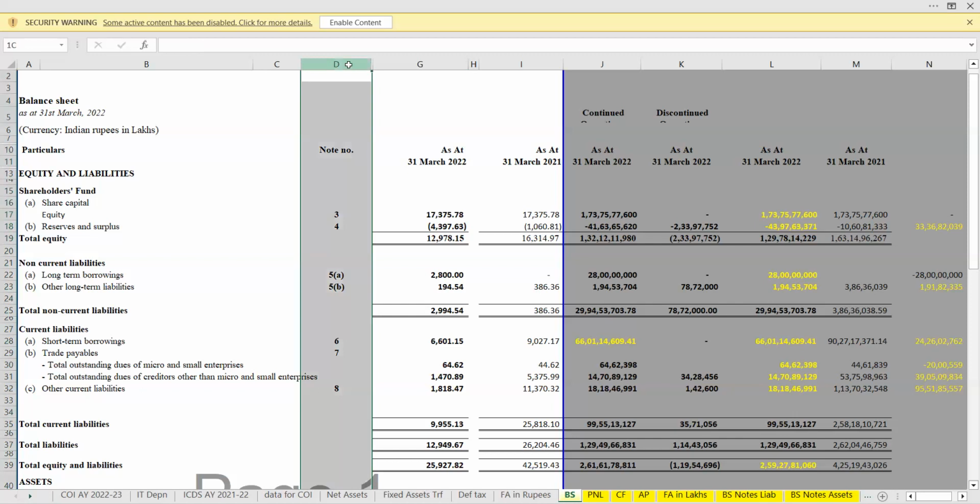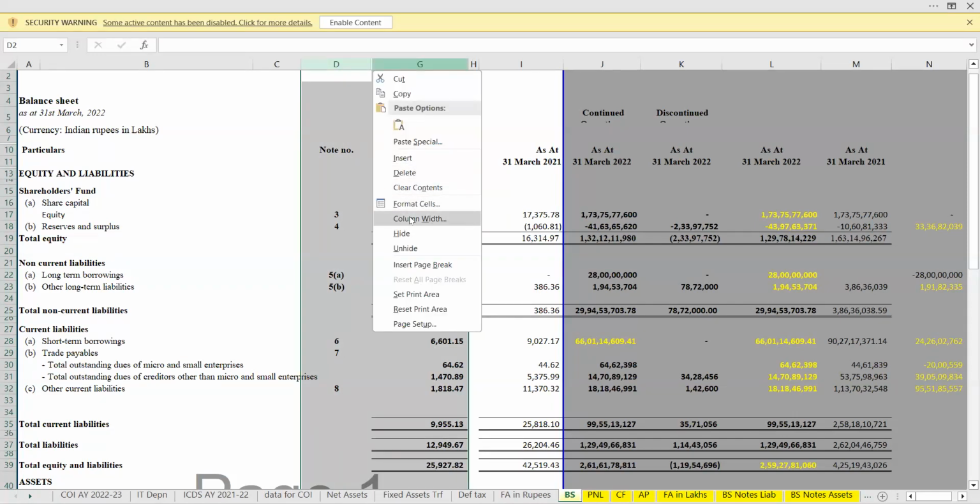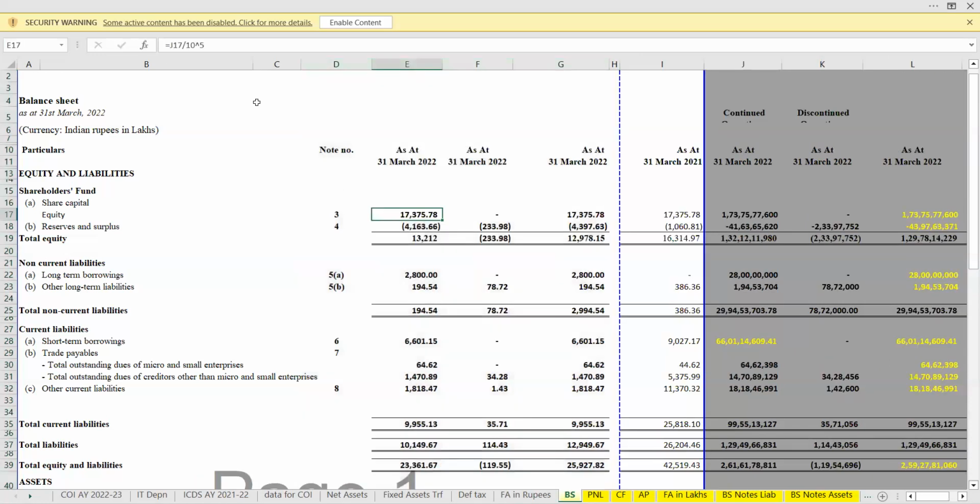Here it is hidden, I will unhide it. Now if you see the formula here, J17 divided by 10 to the power of 5, that means 1 lakh. Whatever is in J17, I have divided by 1 lakh, so that all the figures are in rupees lakhs.